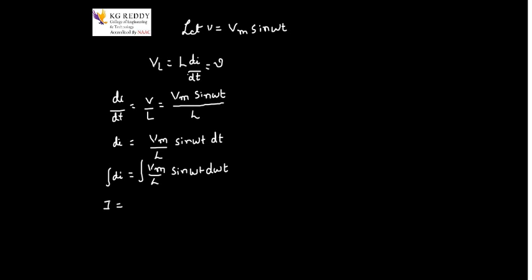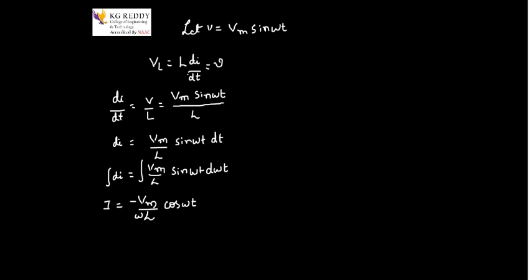So finally I'll get minus Vm by L into cos omega t, and since I integrate with respect to omega t, I'll get omega in the denominator.